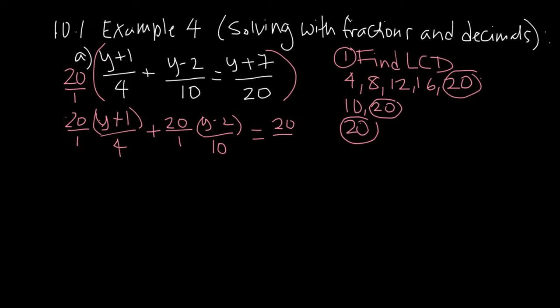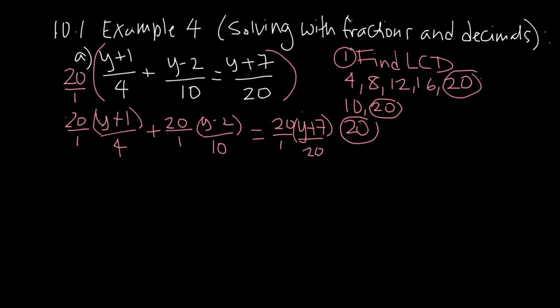Okay, so that's just the fraction 20 over 1 distributed to each of the three fractions on that equation and distributed to both sides of the equation. Okay, so now I'm actually going to rewrite it one more time.